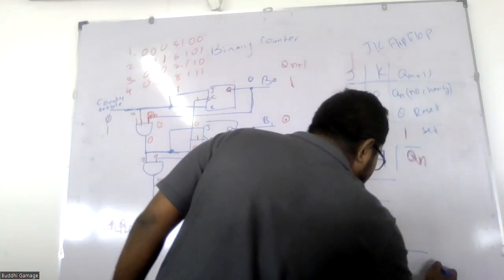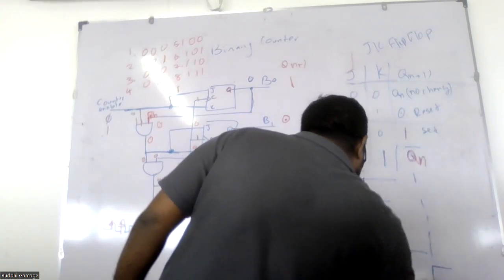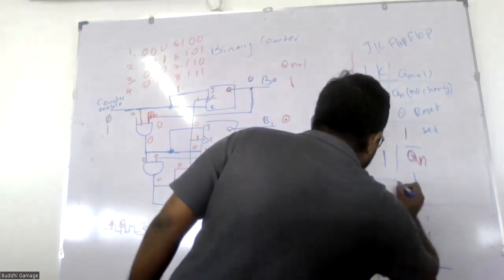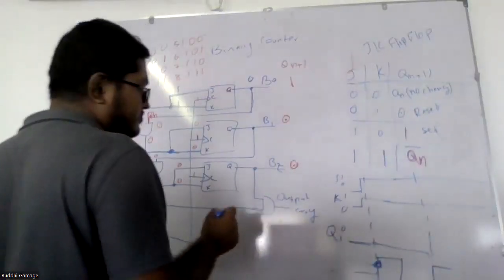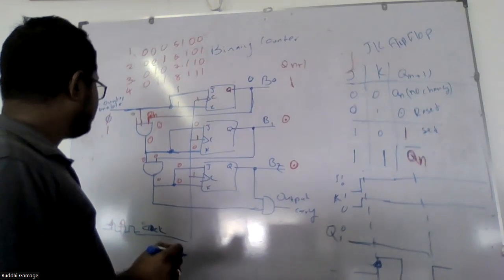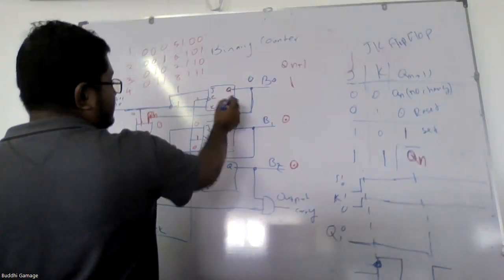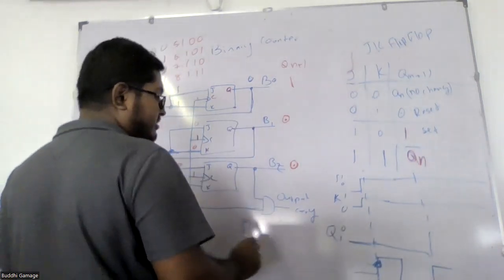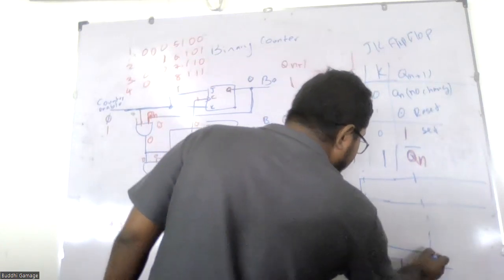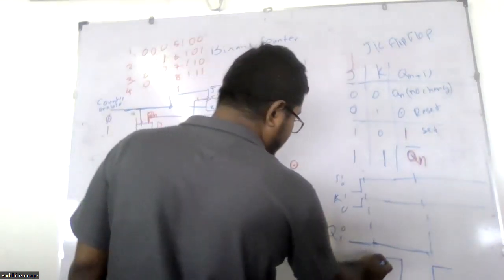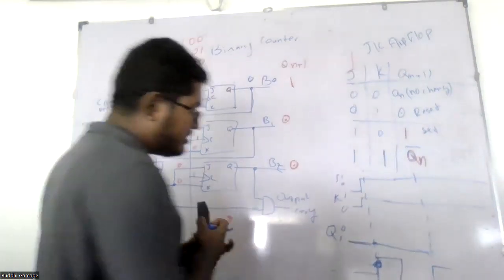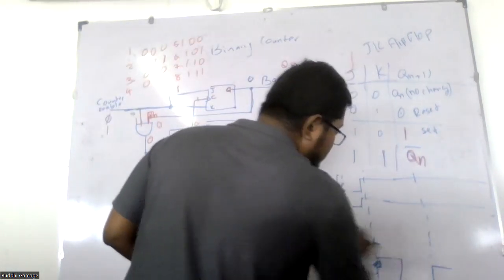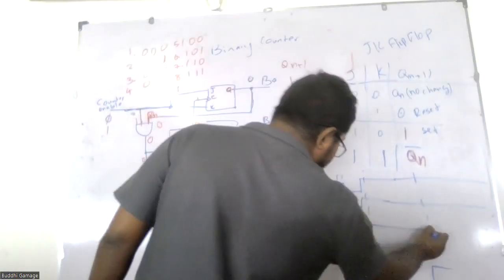So this is the place where the next tick happens, right? For this particular flip flop, I have done the timing diagram. So from here to here, sorry, since this is 1, there will be a change, right?